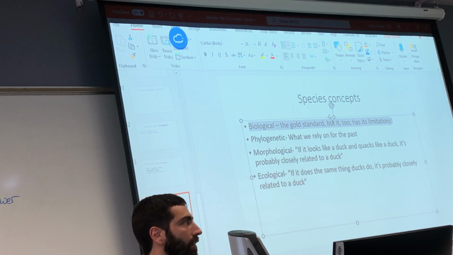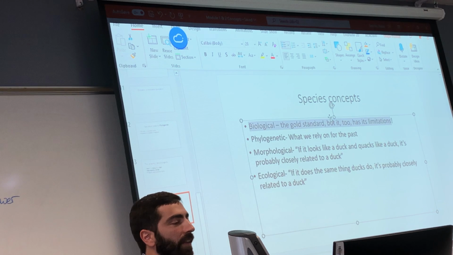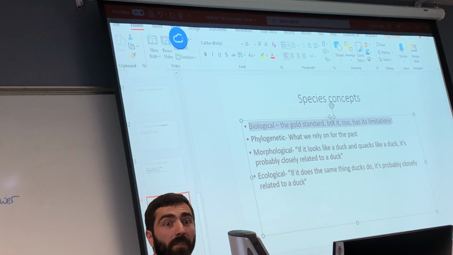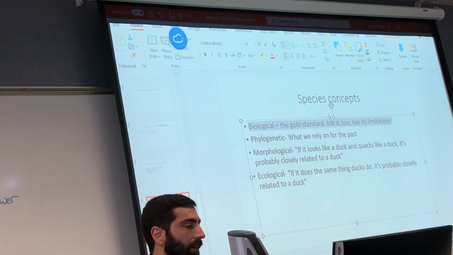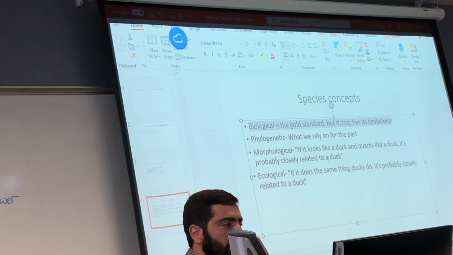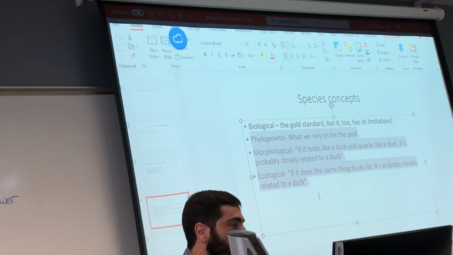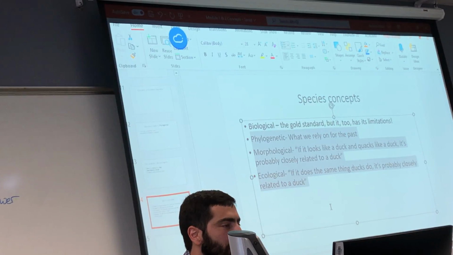But we still call it all E. coli, right? So there's something beyond sexual reproduction that keeps it as a species. And so the biological species concept can't really be applied to cases where sexual reproduction does not occur. There are some other examples described in your book, but those are the two main ones. And then just be familiar with the other ones, but they're not as important usually.